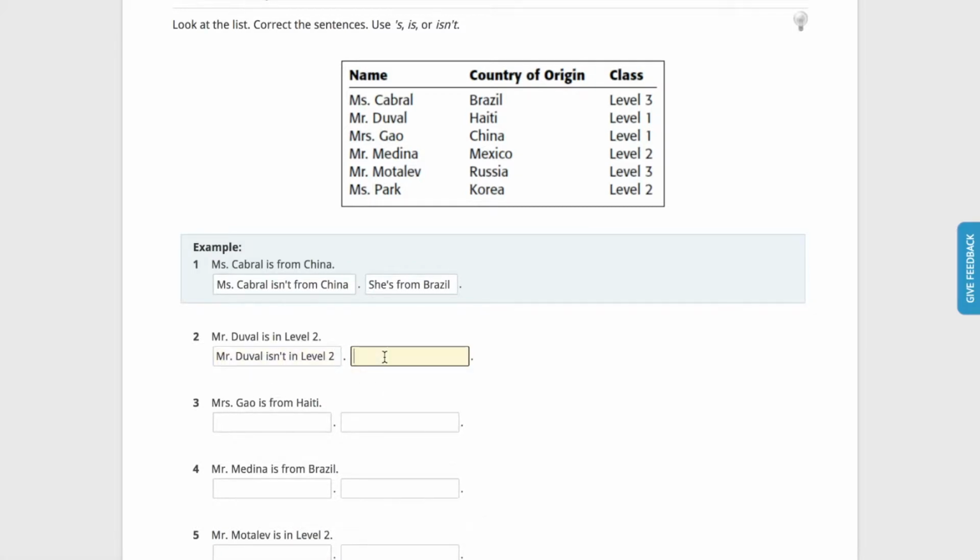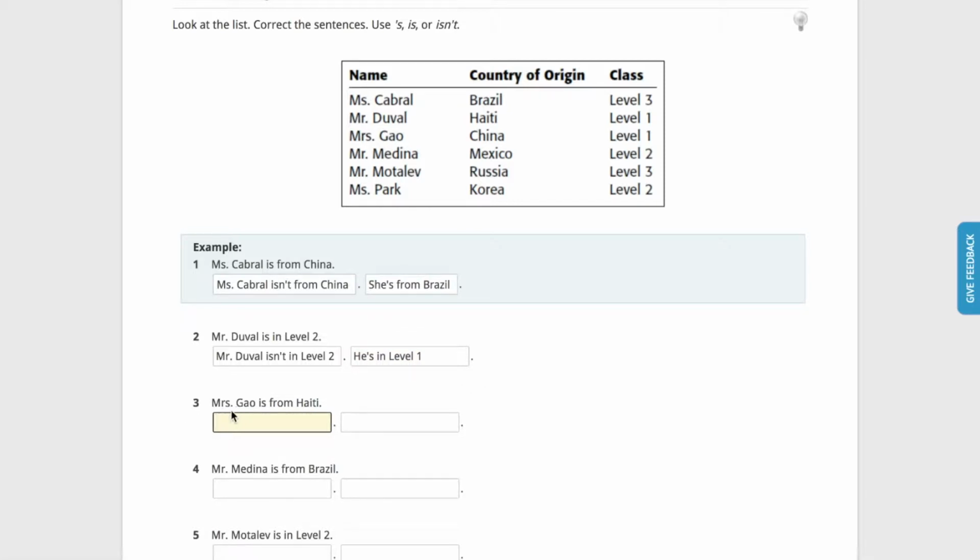Let's go back again. Mr. Duval from Haiti is in level 1. Okay, so we're going to put here he, contraction, he's in level 1, period. Complete sentence.